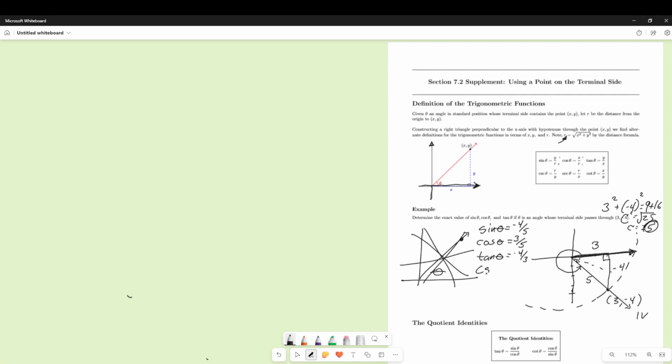Similarly, if we wanted to find our cosecant, our secant, and our cotangent, we could go back to these identities or remember our reciprocal identities. Cosecant was the reciprocal of sine, secant the reciprocal of cosine, and cotangent the reciprocal of tangent. Don't forget that negative.